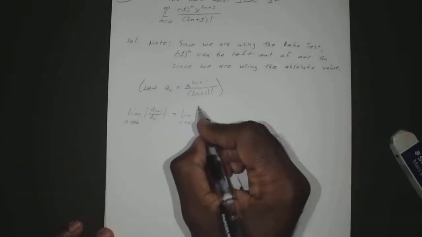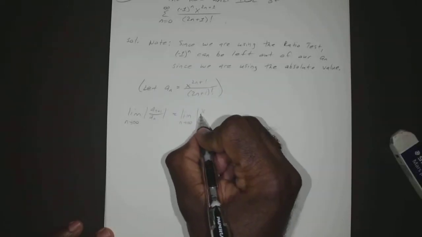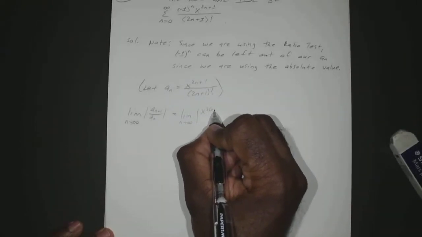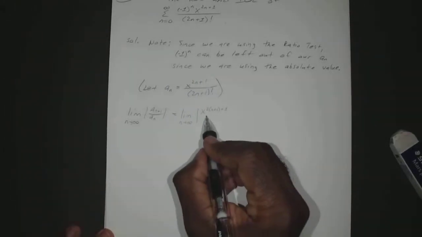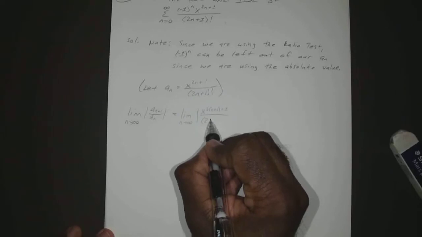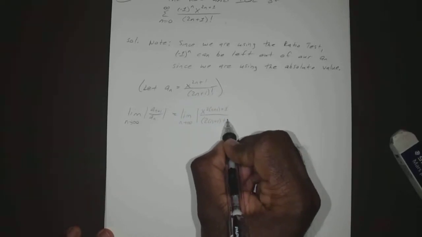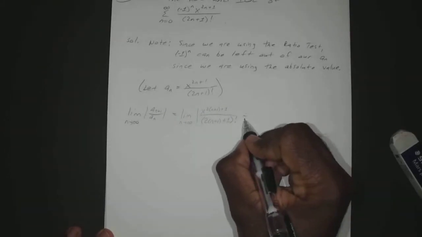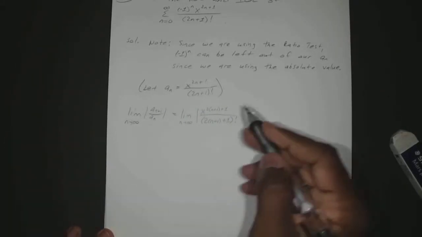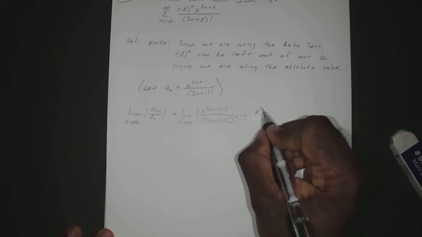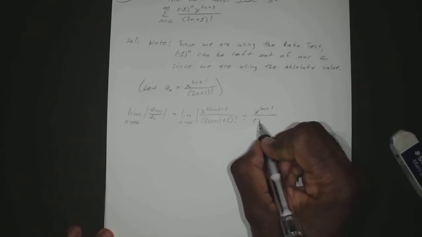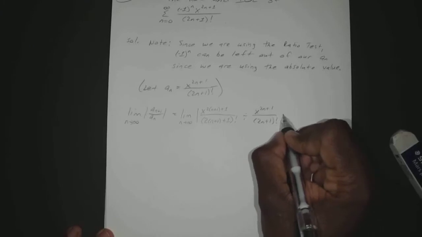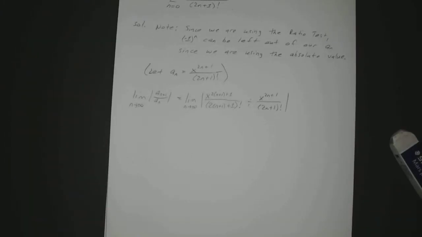Our a sub n plus 1 is going to be x to the 2 times n plus 1 plus 1 over 2 times n plus 1 factorial, divided by our a sub n, which is x to the 2n plus 1 over 2n plus 1 factorial. I just wrote it like that because it's a lot less confusing.